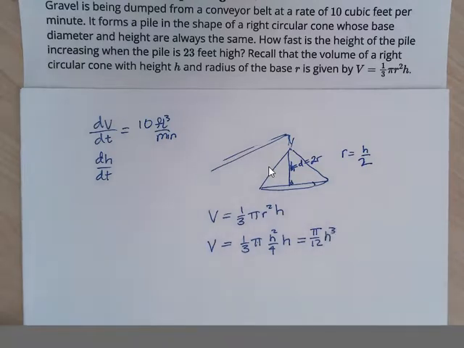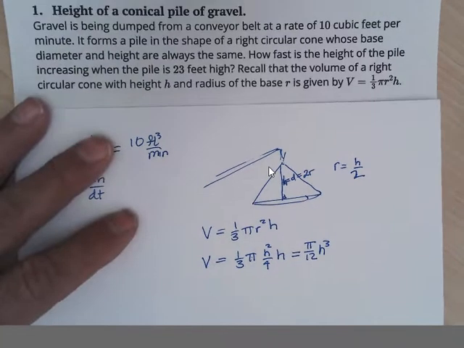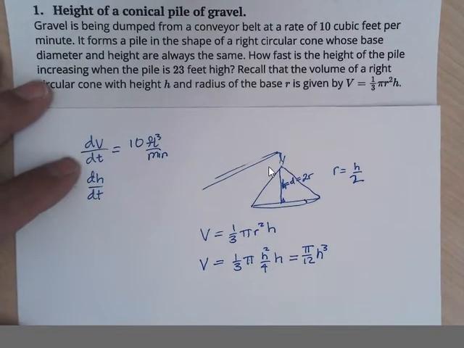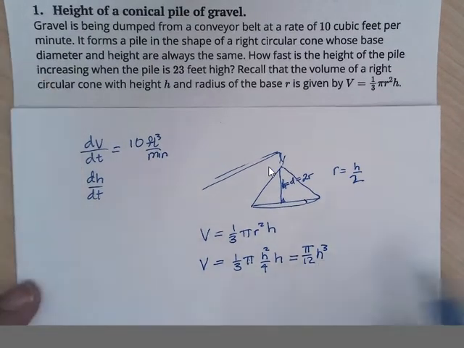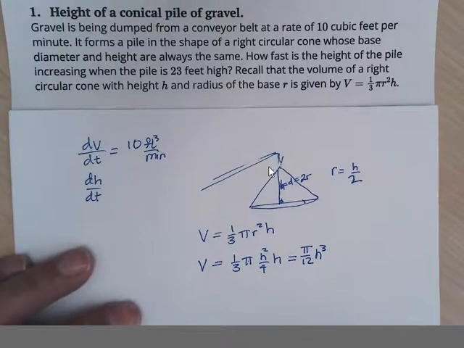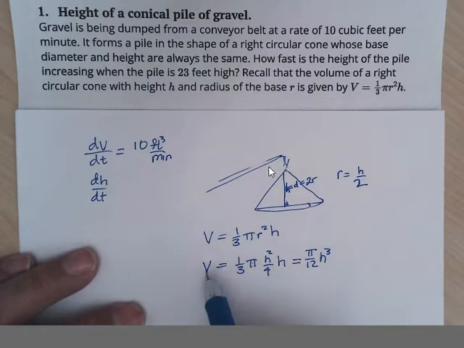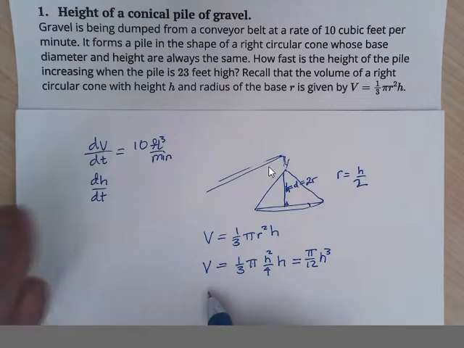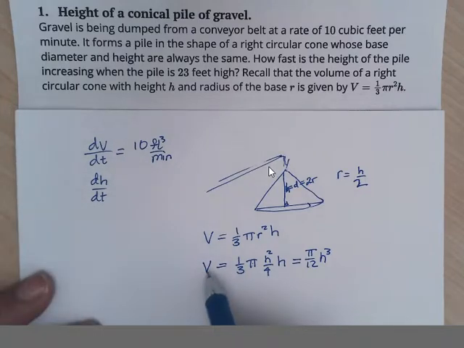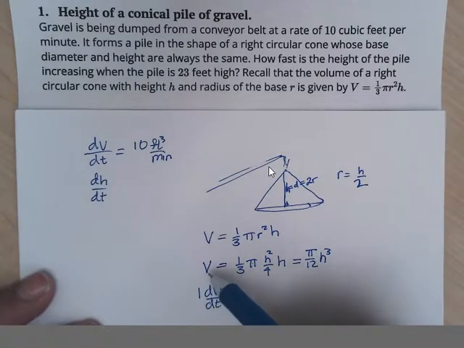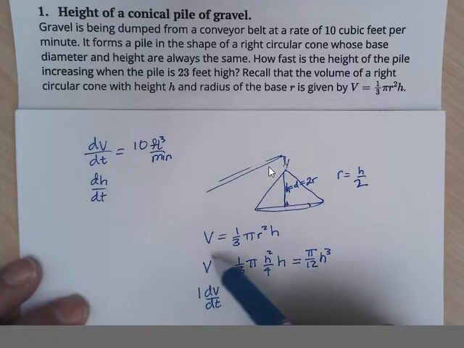Now in related rates, there's no time involved in this equation, it appears, but we're taking the derivative with respect to time. So our independent variable is time. When we take the derivative of V, we get 1 times the derivative of however V relates to time, so it's going to be 1 dV/dt. The chain rule says if we're taking a derivative with respect to time, then we have to take the derivative of the inside, which is dV/dt.